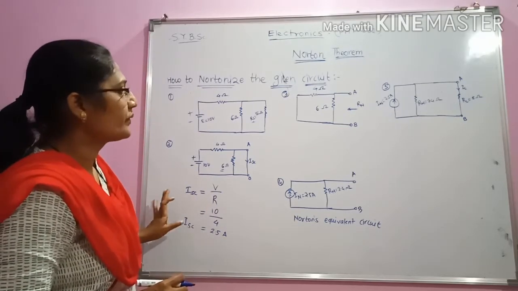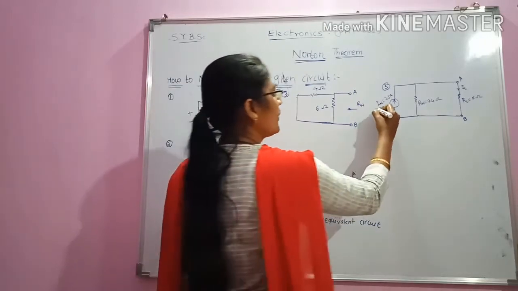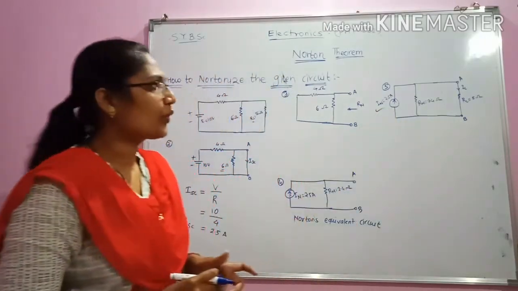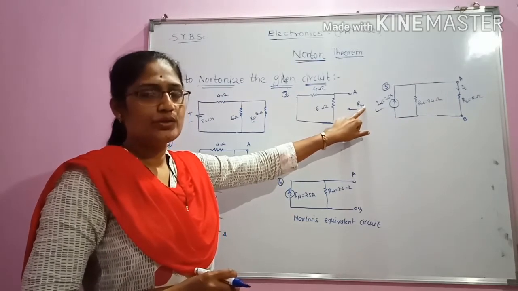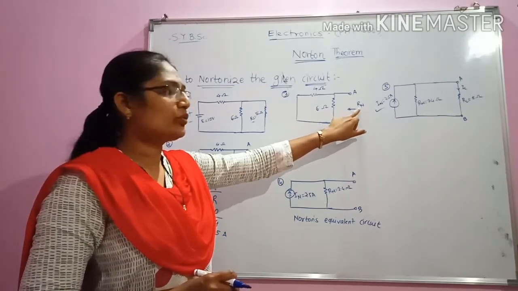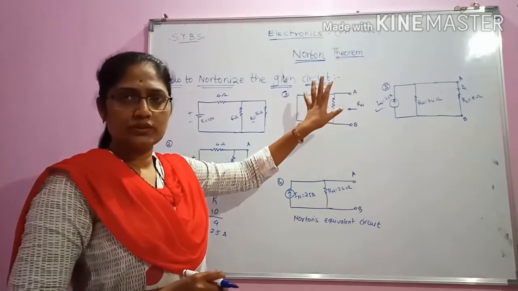After this, what do we have to find out? We have found this. Now we have to find out the value of Rn. Just now we have seen that in order to find the value of Rn, we have to remove all the sources.